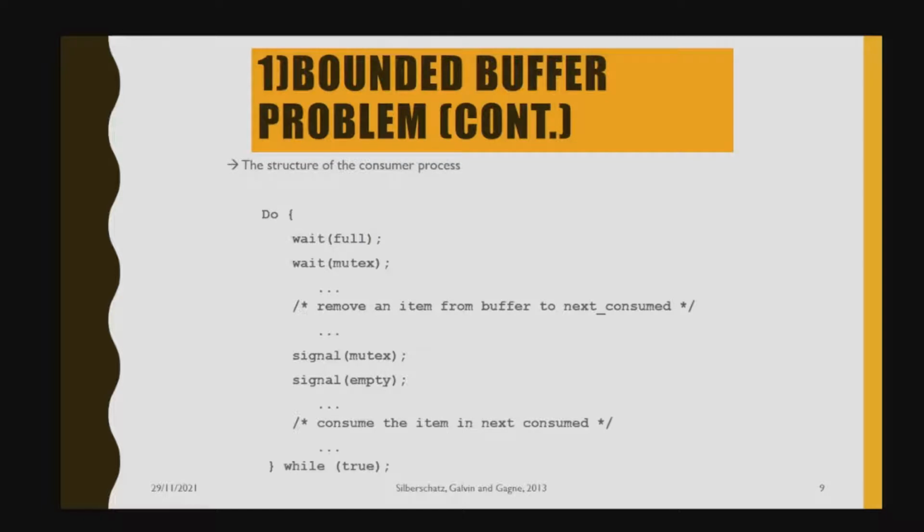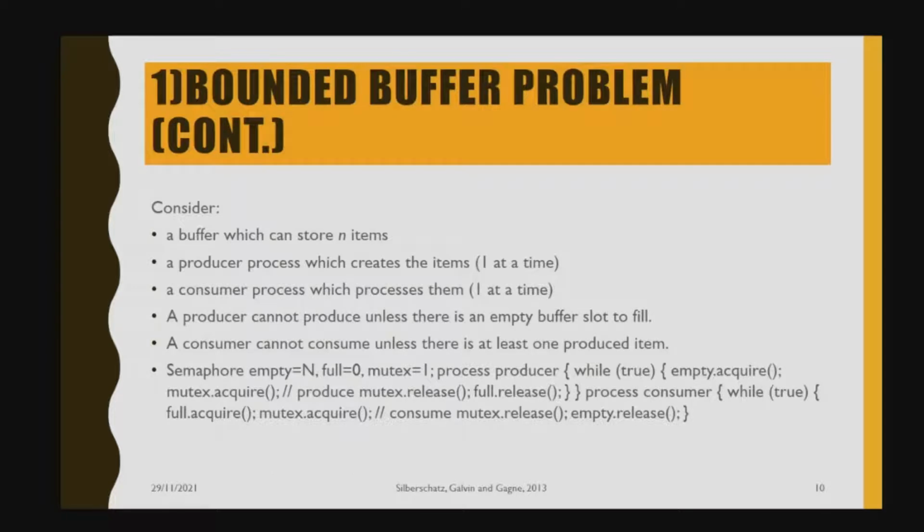At the consumer process, they need to wait for full, wait for the mutex, and remove an item from the buffer to next consumed. Then we have signal mutex and signal empty, and then consume the item in next consumed. So we have two parts, the producer and the consumer.